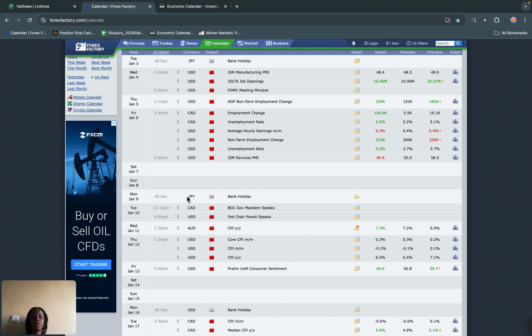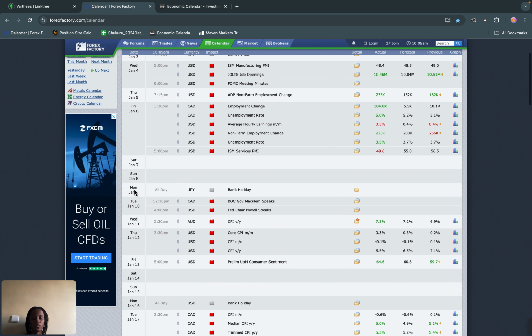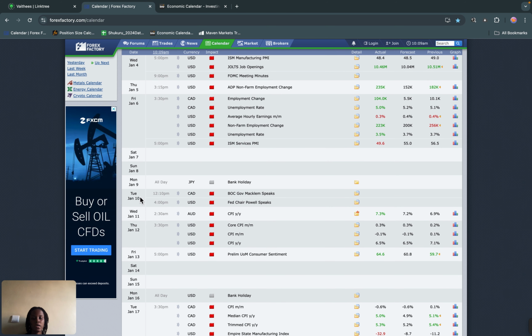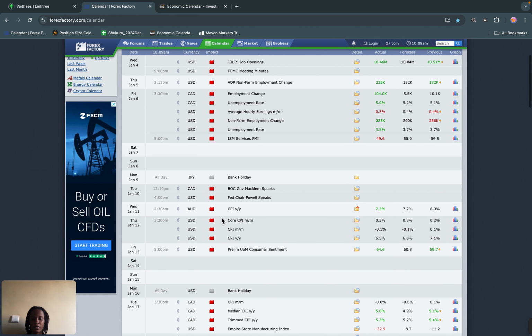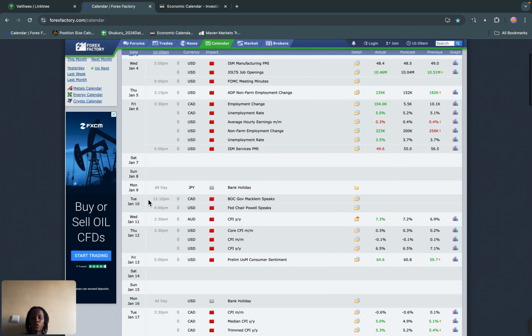So this bank holiday will affect the JPY pair, and we'll not be looking to trade on Monday. The day that we'll be trading is January 10th, and January 11th we'll not be looking to trade. So let's see how January 10th was.